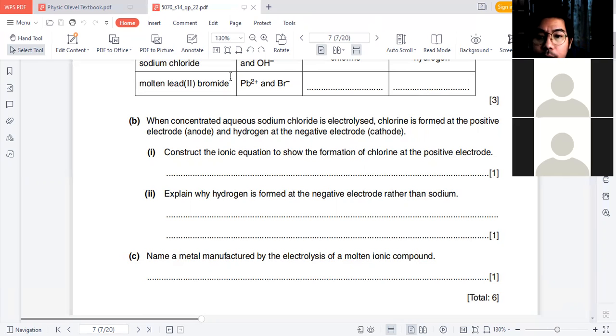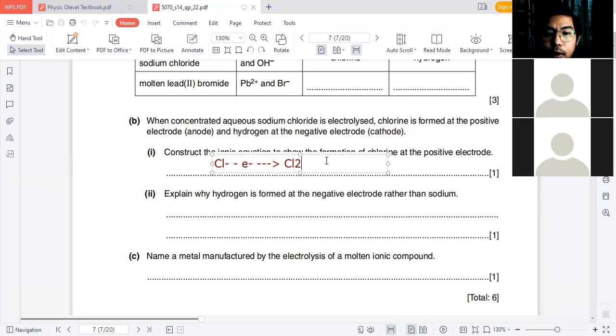Now the chlorine, we always start with ions. So we want a chloride ion, Cl minus. Then you have electrons, and then your particle Cl2. But remember, I need to move the electron to the other side.